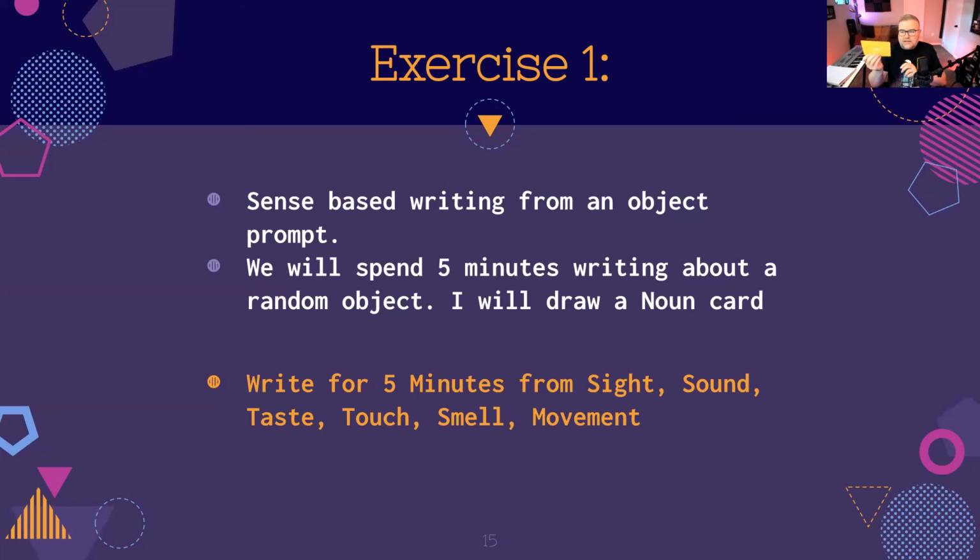The object is spoon. The card that I pulled is spoon. So we're going to write for 5 minutes about spoon, and then we'll come back and have you guys read some of the things that you have written if you'd like to share. I am going to start the timer now, and we'll come back.